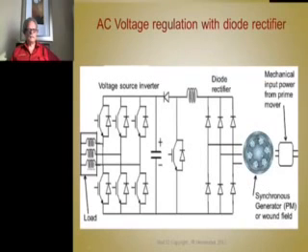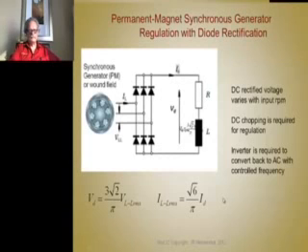It doesn't really matter, but its output is rectified into DC, and then that DC regenerates AC voltages. This is a generator with just a plain diode, 6 diodes on it to rectify the voltage, but you need capacitance across here to smooth it.